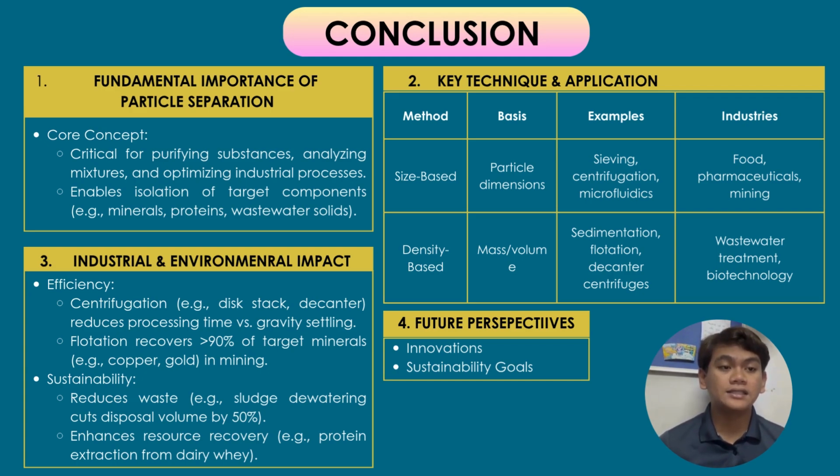Density-based techniques such as flotation or sedimentation dominate mining and wastewater treatment where particle mass is critical. Each method is tailored to the material's properties. Why does this matter? Because choosing the wrong method could mean losing 20% of your product, or worse, contaminating it.